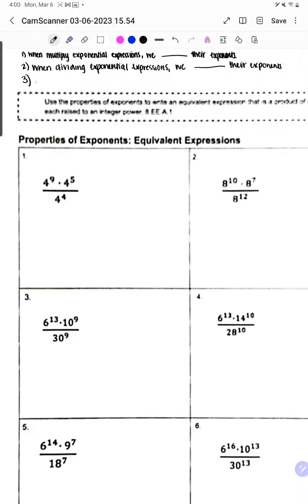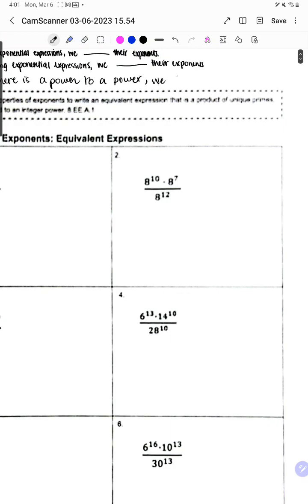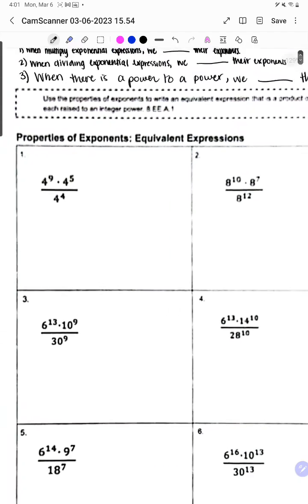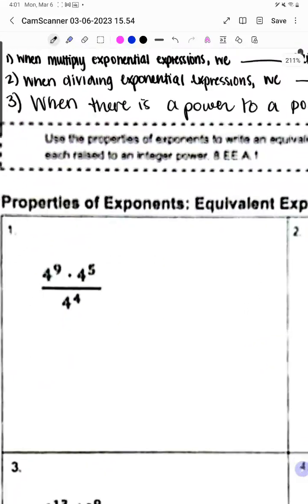And 3, when there is a power to a power, we blank the exponents. And I want you to go in and fill in what that should be.